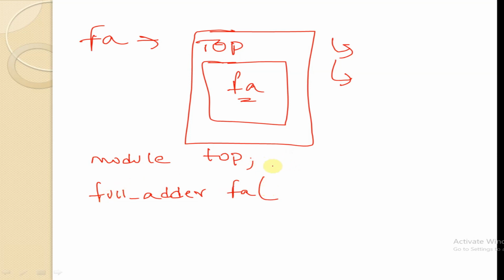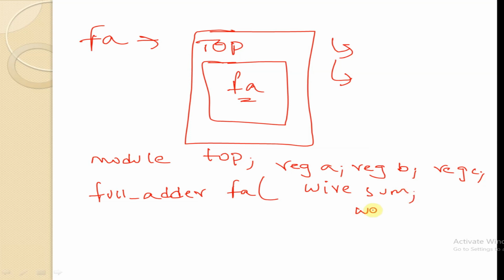Before that we will declare some registers in this module, say reg A, reg B, reg C, and wire sum and wire carry. You can take any name, no problem. I am taking A, B, C as reg and sum, carry as wire.